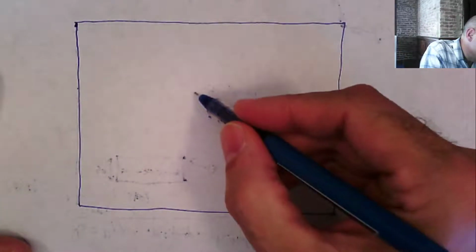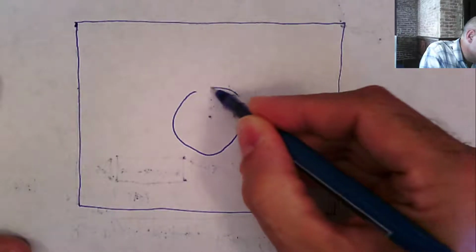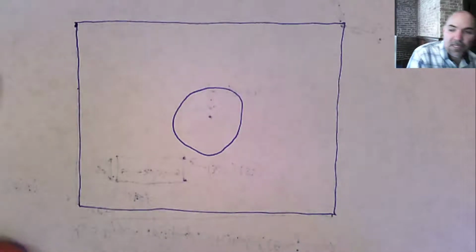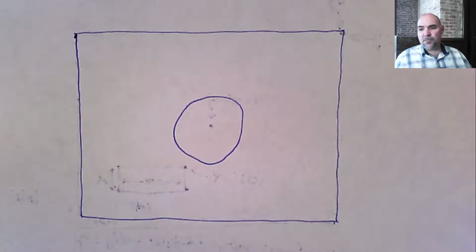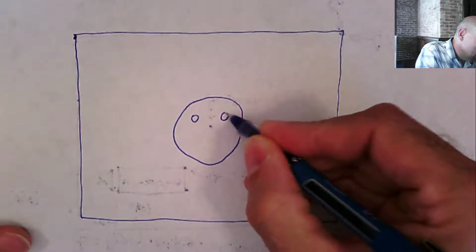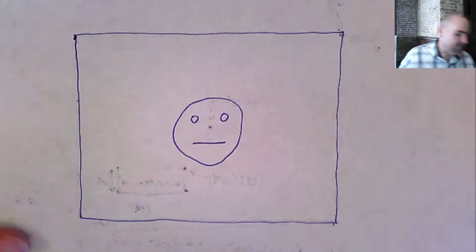So what I'm going to do is make my face just a circle. So we want a circle that's about there. That's our starting point, we want to make that circle, and that's a really bad circle I just drew there, but you get the idea. And then we're going to make eyeballs. And then I'm just going to make a line for a mouth, like that.